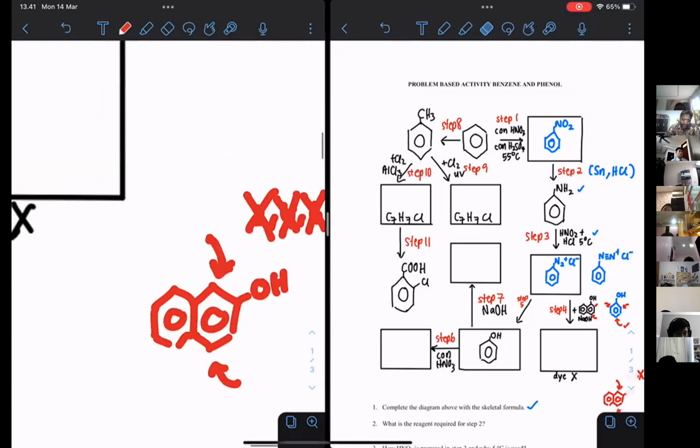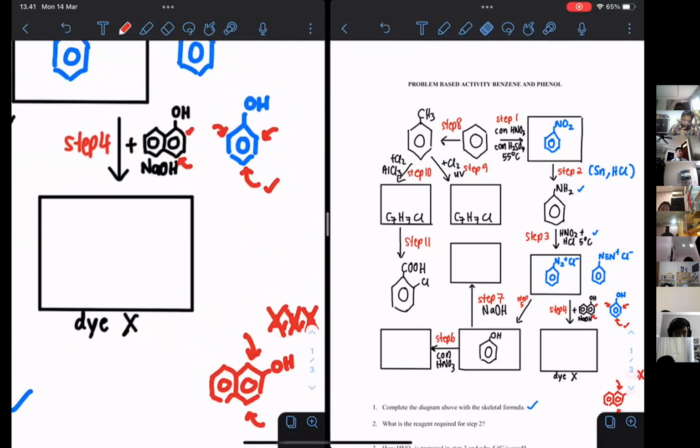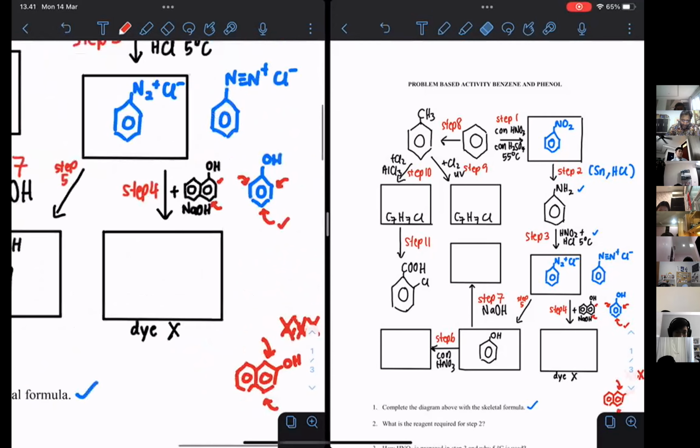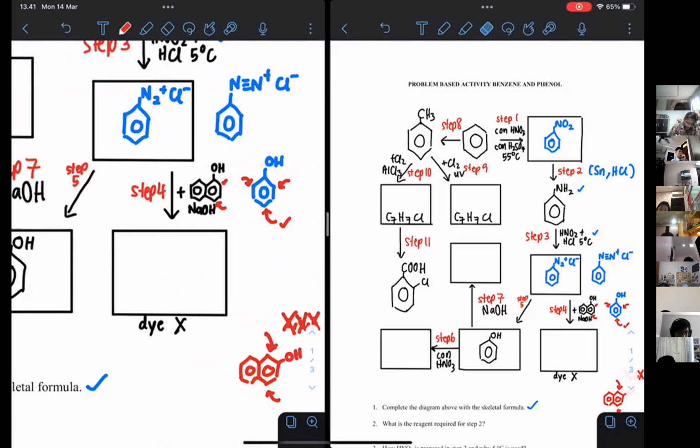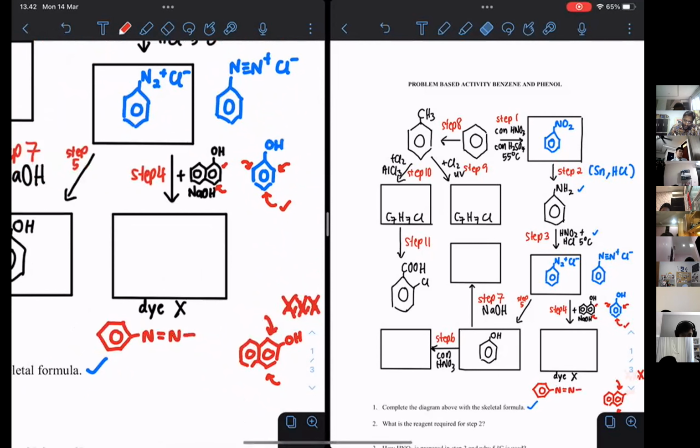But in this case, it will come into this position. So if I want to draw, maybe I will put it like this, then you have N double bond N, and then this one will join with position number 4.